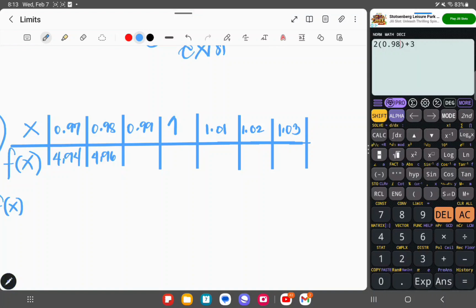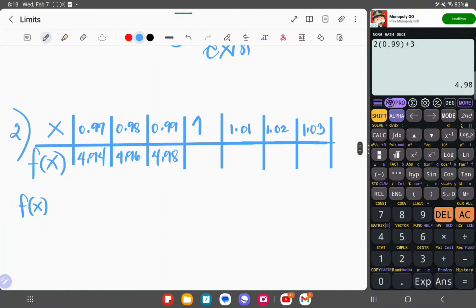And then for 0.99, we have 4.98. Thus, we could see here that 4.94, 4.96, and 4.98 is approaching 5. We could say that the limit of the given function f of x as x approaches 1 from a negative direction is equal to 5.